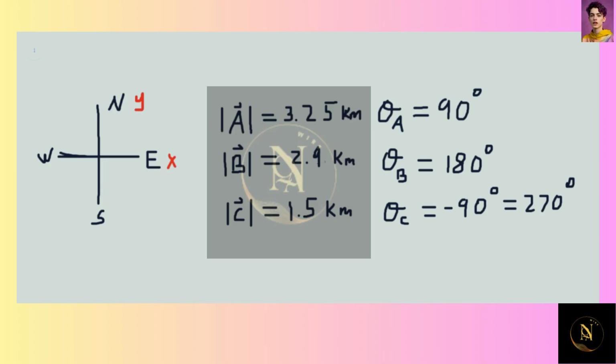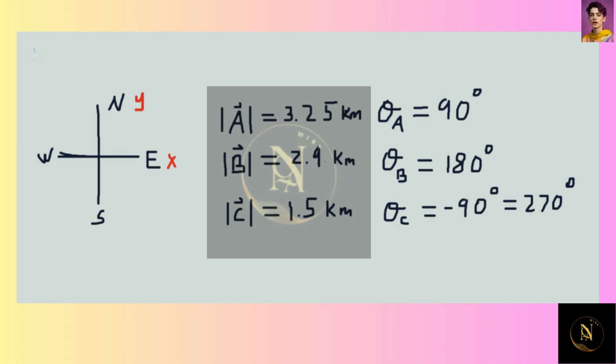Okay, so then if we have somebody that drives 3.25 kilometers straight north, they're traveling at an angle relative to the x-axis, which I call angle A, of 90 degrees. We're then told that the individual drives straight west a distance of 2.9 kilometers. So the next vector, vector B, is 2.9 kilometers, and since it's traveling straight west, along the negative x-axis, the angle theta is 180 degrees if the positive x-axis is 0 degrees.